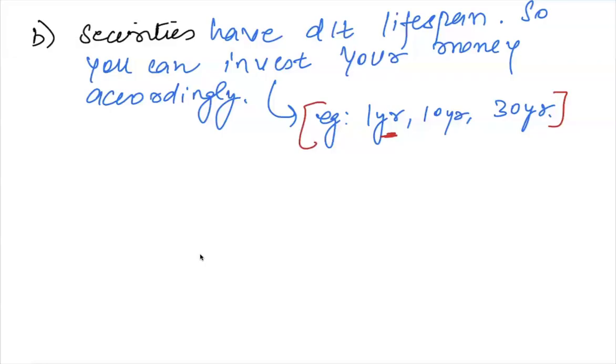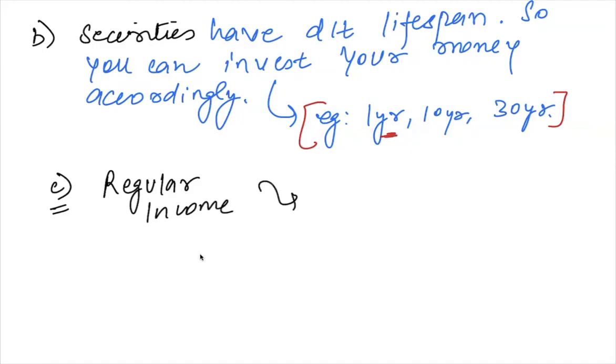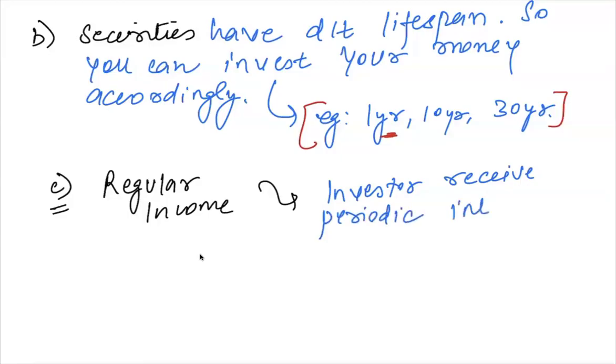So this was the second most important point, and one of the most important points is regular income. That is what investors basically receive: periodic interest payments. What is this interest payment? It is nothing but the coupon.